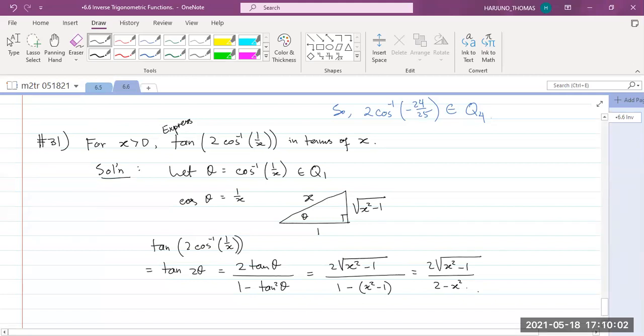Okay, that's for number 31. I think that's all for this section. You should try up to number 33.